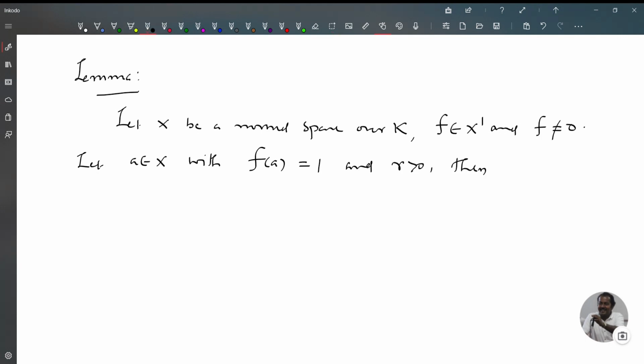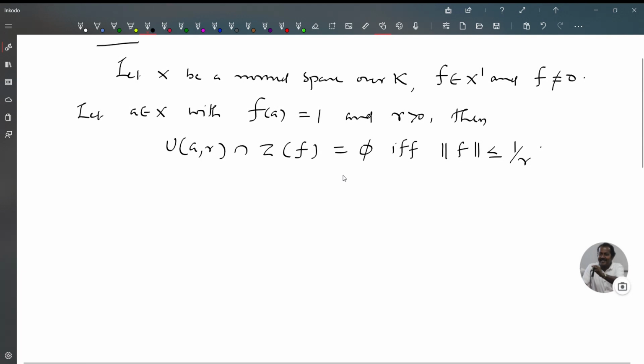Then U(a, r) intersection null space of f is empty if and only if norm of f is less than or equal to 1 by r. So we prove this.